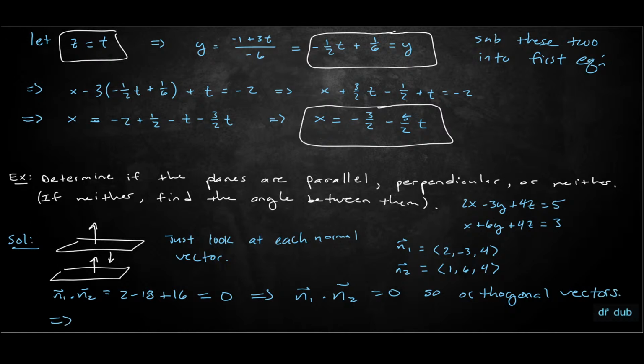That means the planes are perpendicular, or orthogonal, to each other. Means there's 90 degrees between these two planes.